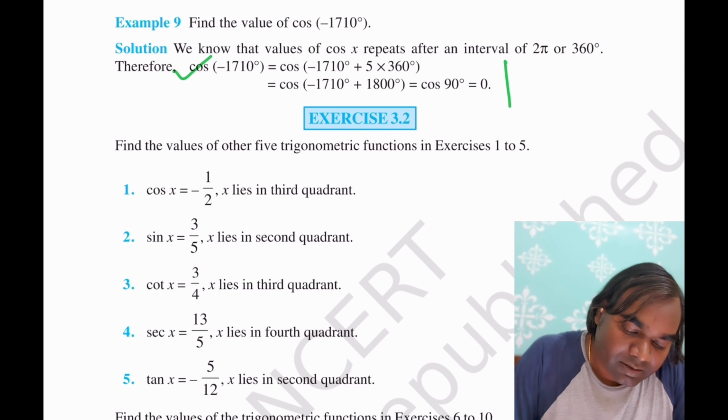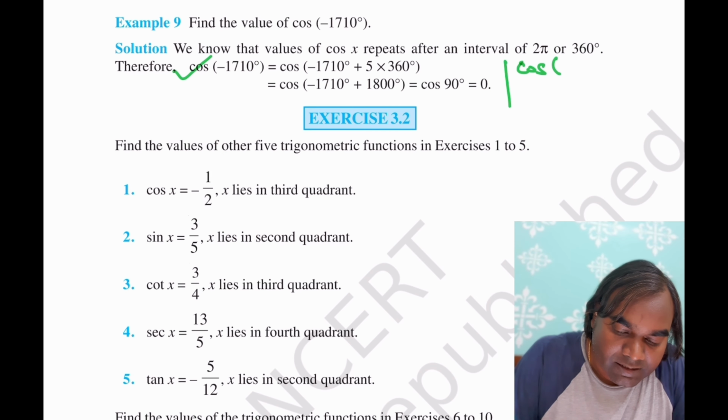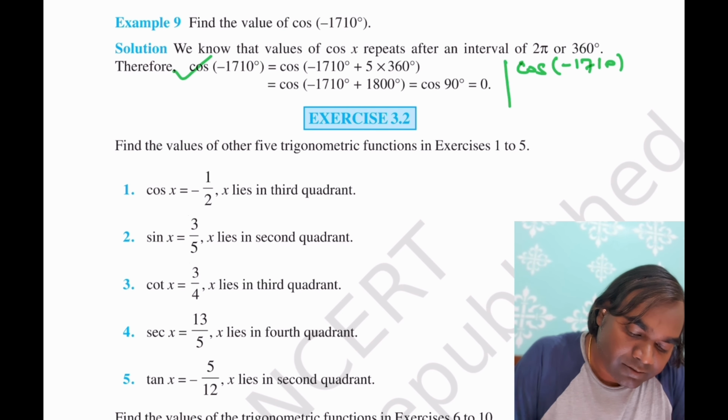So first of all, cos of minus 1710 degrees can be written as cos of 1710 degrees.